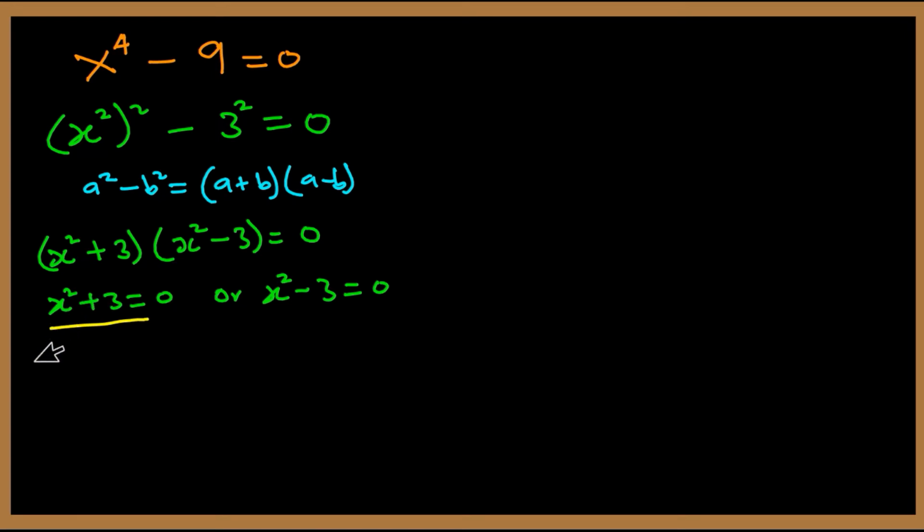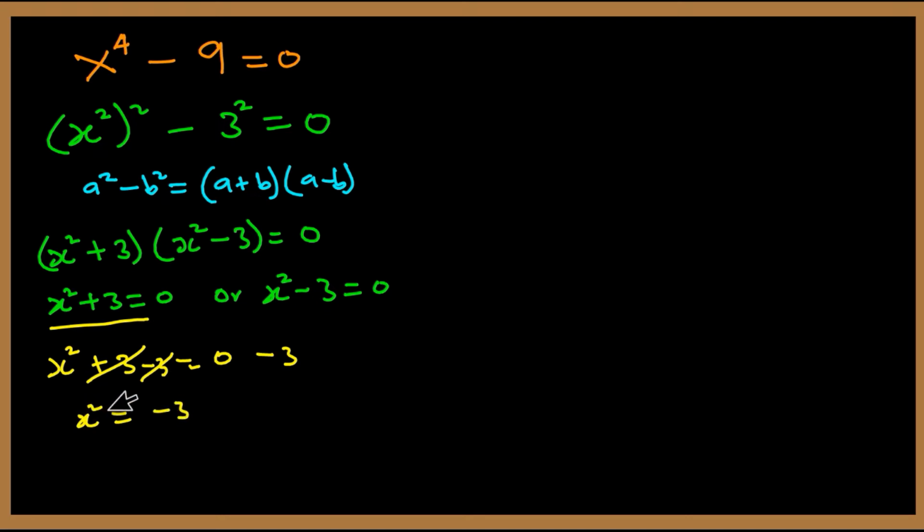So from here, we have x to the power 2 plus 3 is equal to 0, and we want to find the value of x. So we will subtract each side of the equation by 3, so that this positive 3 will take care of this negative 3. So we have x squared is equal to negative 3.